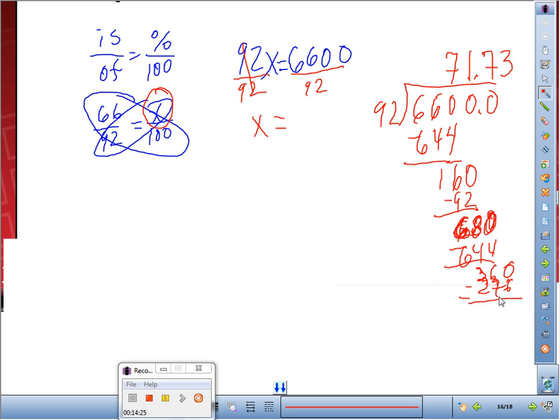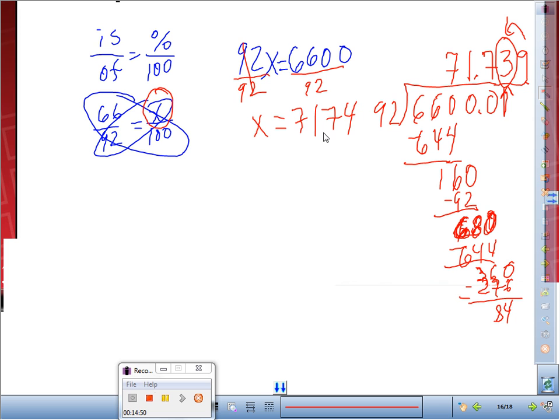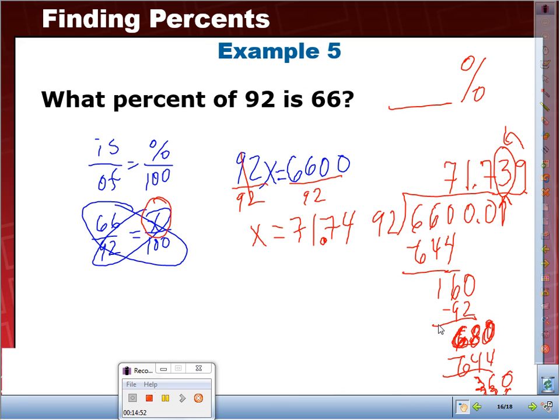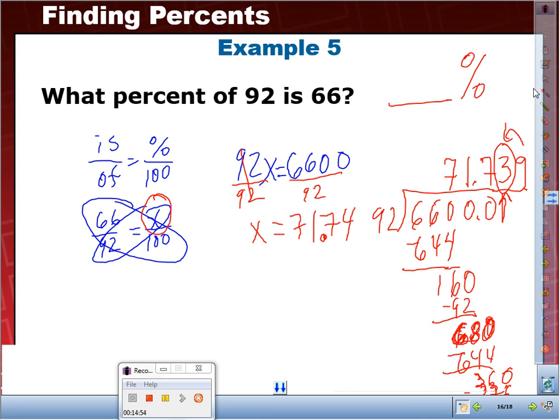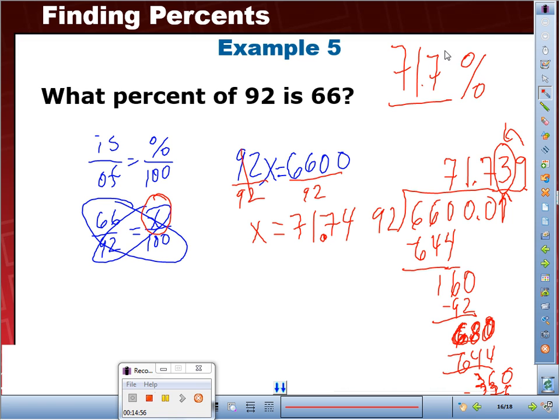Subtract from 360. That's 84. And if it's in there 9 times, I'll stop right there. And I said to the nearest hundredth. So this is the hundredths place. That stays a 3? No, it goes up to a 4. So this is 71.74%. 71.74%. Hands if you got that.